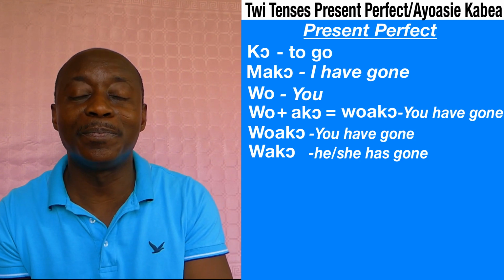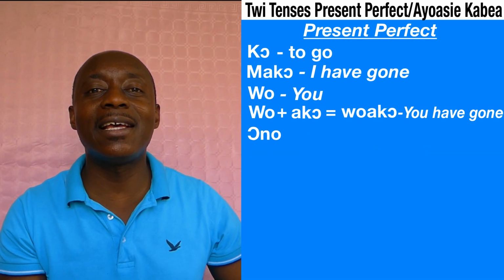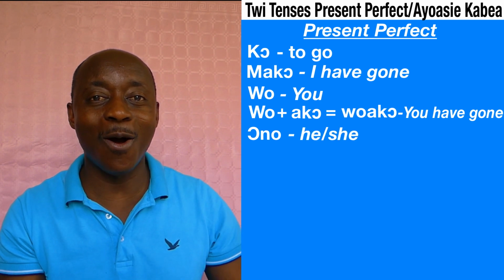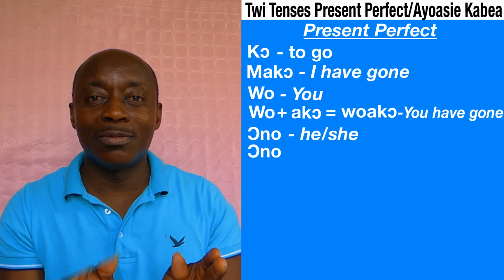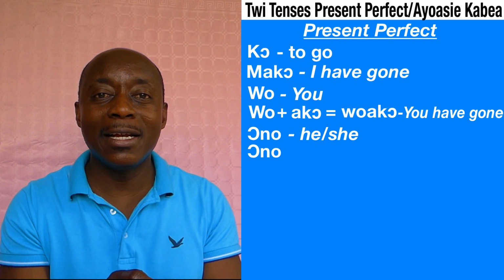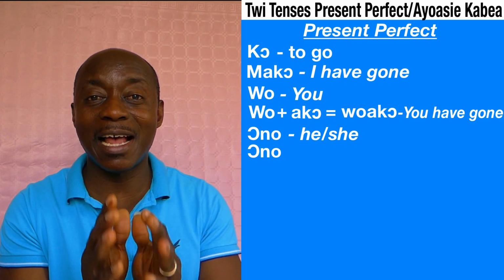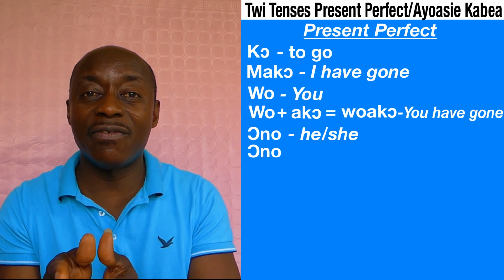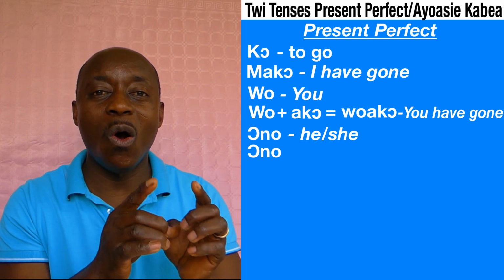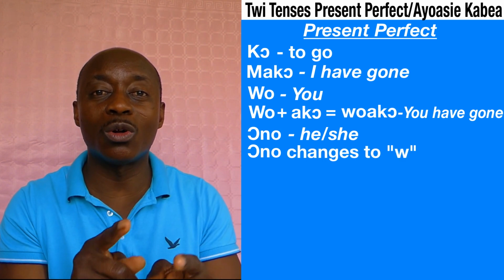You have gone. Good. Let's take ɔno, he or she. Ɔno, as we know, when it is serving as a subject in a present perfect state, changes to we.